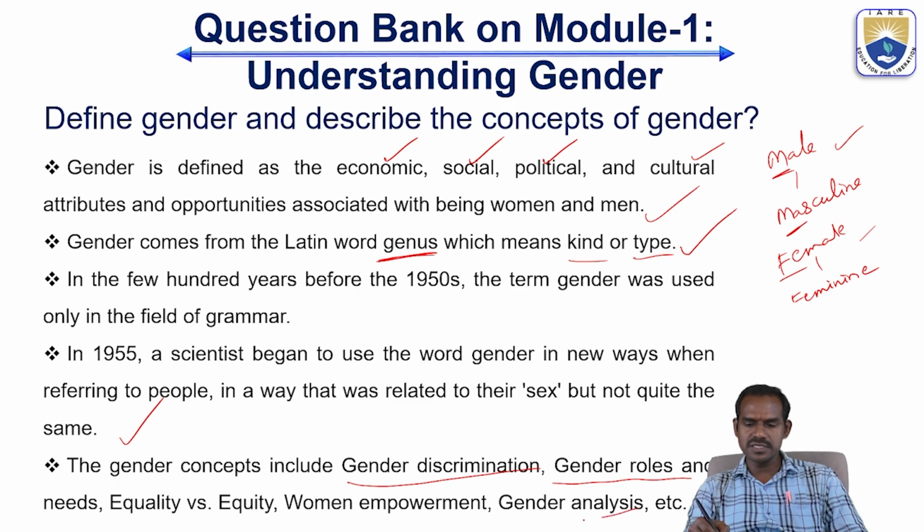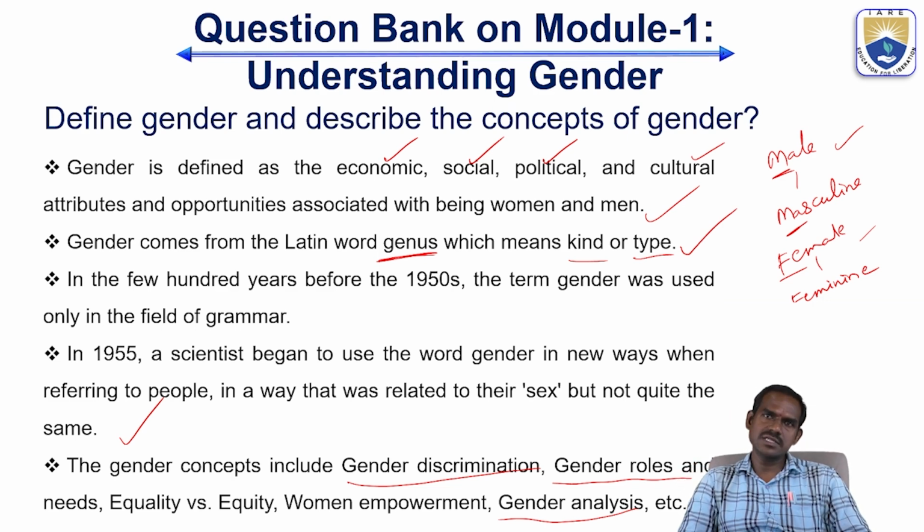And gender analysis: it is not that you are male or female, you have to analyze them based on their work weightage, their dedication, their determination, how they act towards the given work, towards successfully completing it and successfully conveying something to the society from it. So that is gender analysis, etc.